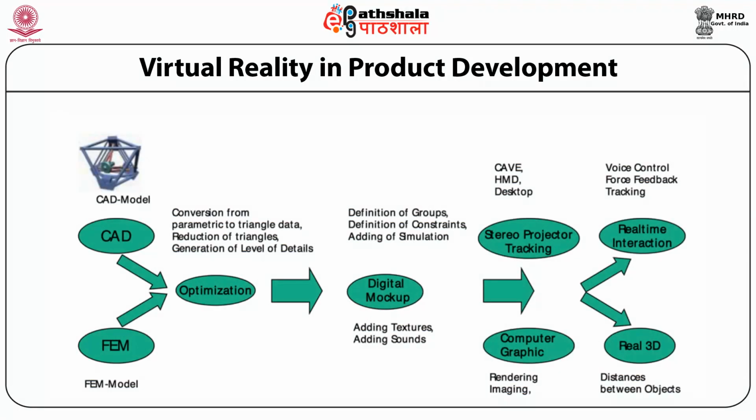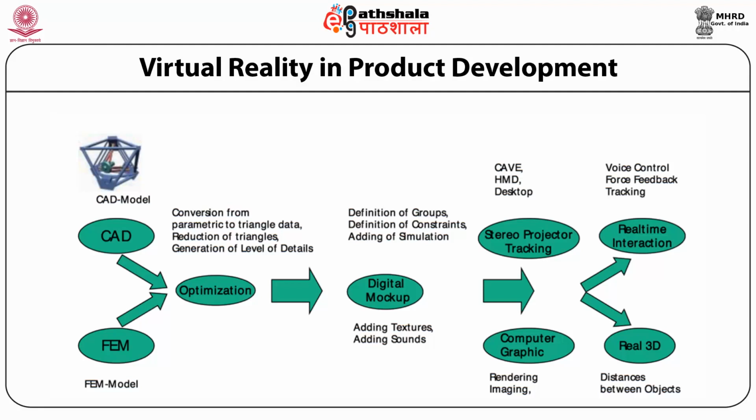Initially, the two models start with the process, that is CAD and FAB model, and it leads to optimization, that is the conversion from parametric to triangle data, reduction of triangles, generation of level of detail. It further leads to digital mockup, that is definition of groups, definition of constraints, adding of simulation, and adding textures as well as adding sounds.